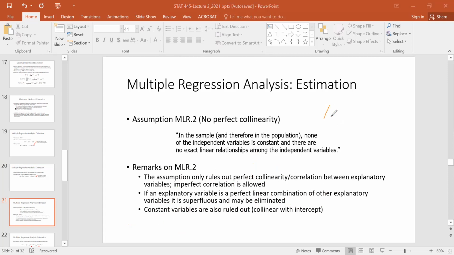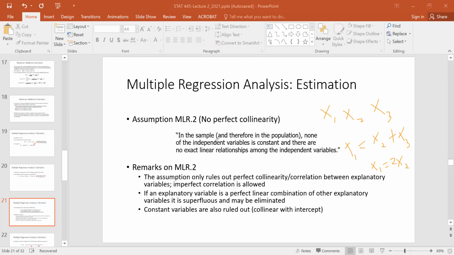If you have independent variables like x1, x2, x3, you don't want, say, x1 to be a linear combination of other regressors. We don't want that. Or maybe x1 is equal to twice x2. We don't want that, okay?